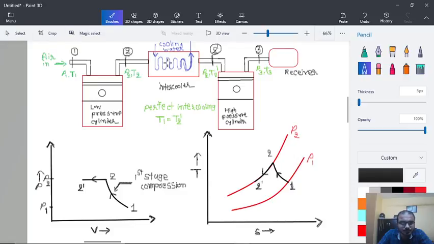Then again, one more thing we can say is that in case of perfect intercooling, T1 is equal to T2 prime.